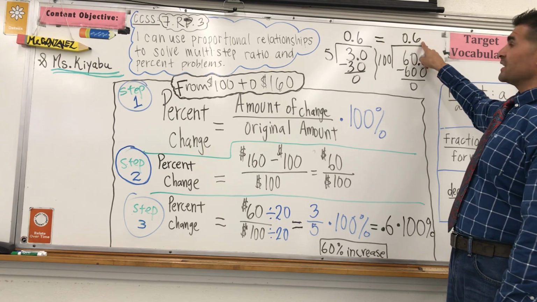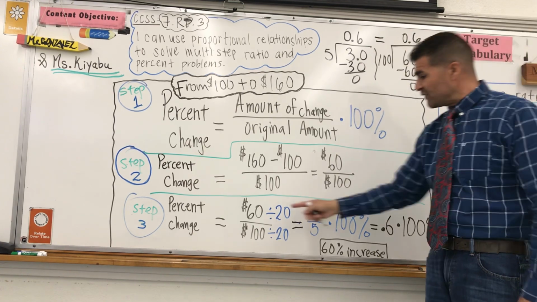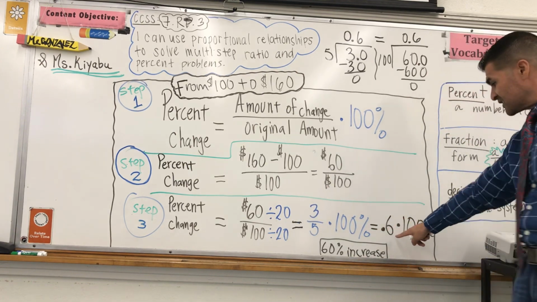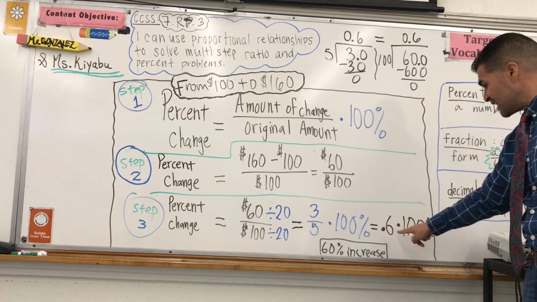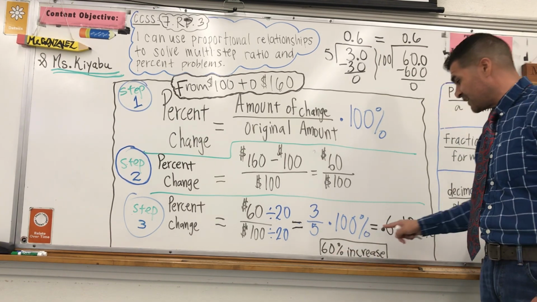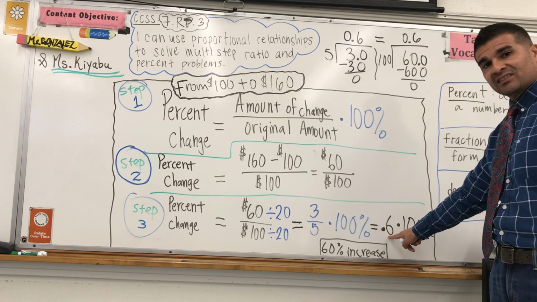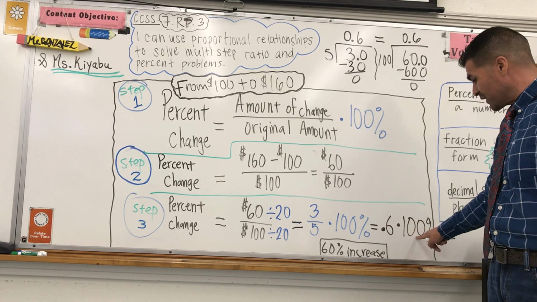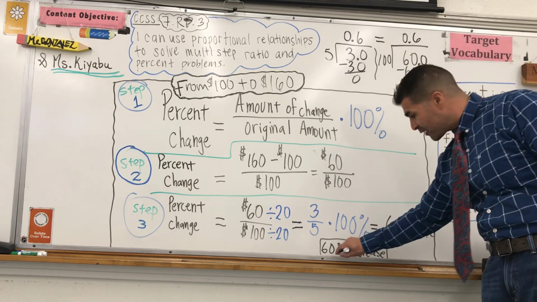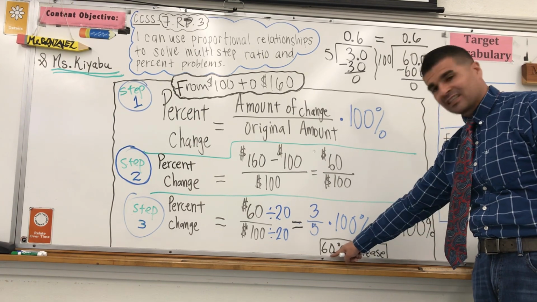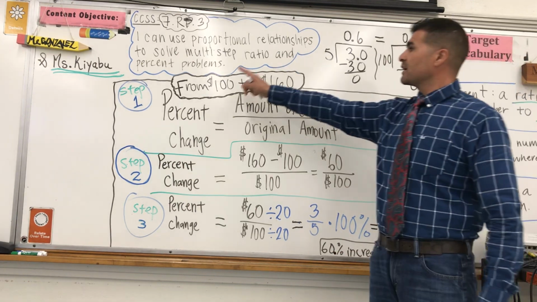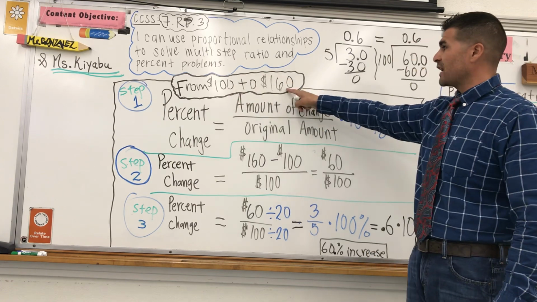So even if you didn't reduce this fraction, you'd still get 0.6 here. And 0.6 times 100%, gives you a 60% increase. When we multiply by 100, the decimal moves 2 places to the right, and our decimal is right behind the 60. This is a 60% increase if you start at $100 and go up to $160.